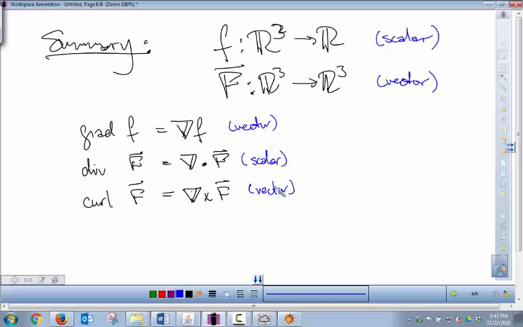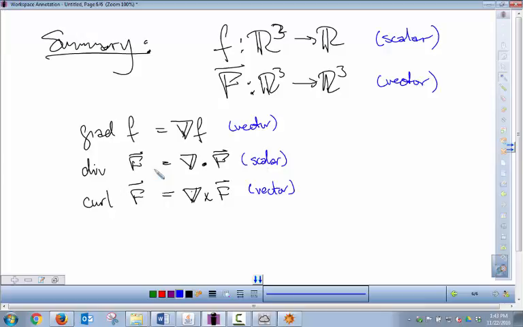So from here, you can think about taking the curl of a curl. Does that make sense? Well, the curl of f is a vector, and you can certainly take a curl of a vector, so that makes sense. Can you take the div of a div? So the div outputs a scalar, and you can't take the div of a scalar, so no, you can't take the div of a div.